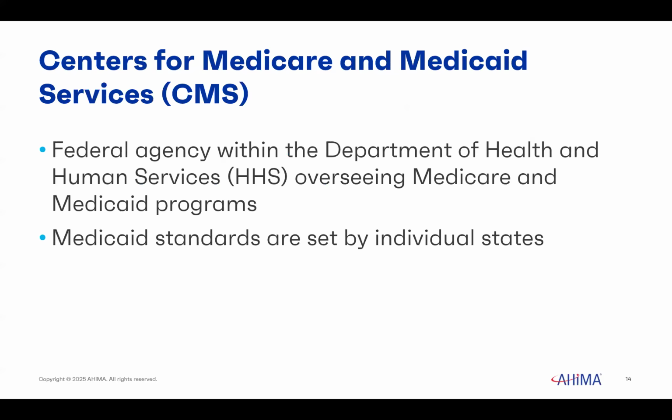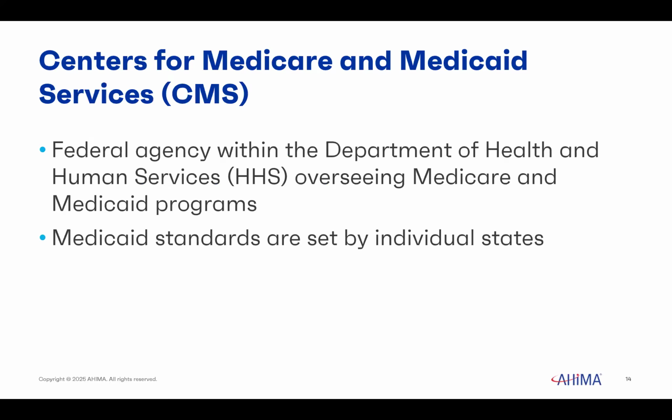The Centers for Medicare and Medicaid Services, or CMS, is the federal agency with the Department of Health and Human Services that oversees Medicare, the insurance program for the elderly and disabled, and Medicaid programs. And again, it's under the broad umbrella of the Department of Health and Human Services.